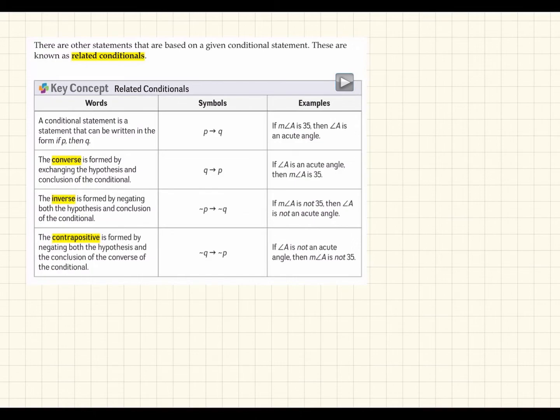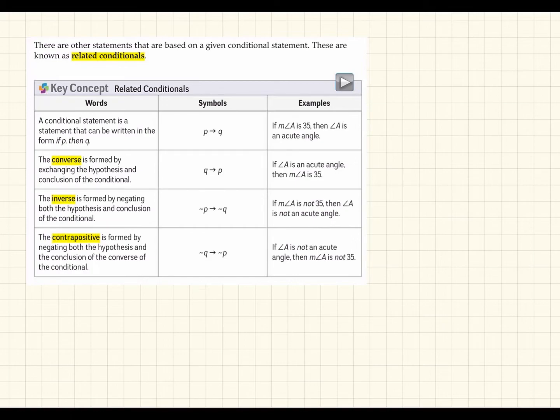The thing we have to remember with related conditionals is that each statement, each of the converse, inverse, and contrapositive statements, has to be evaluated by itself.